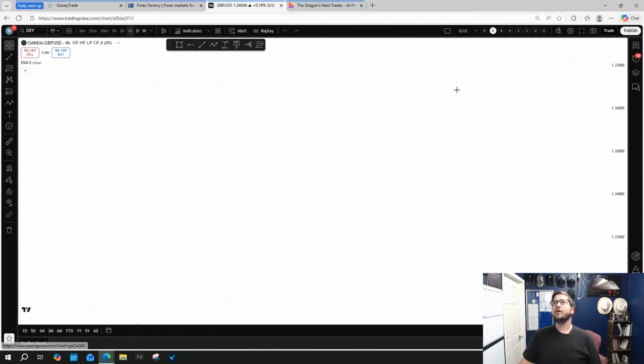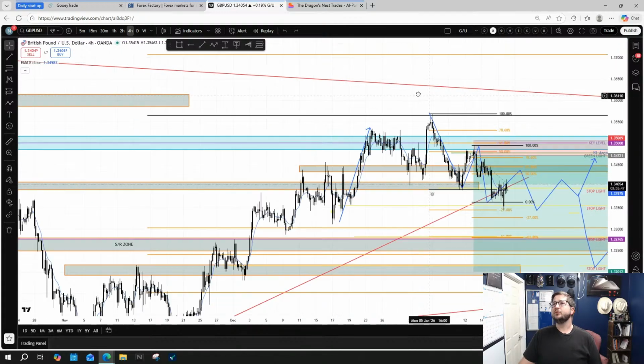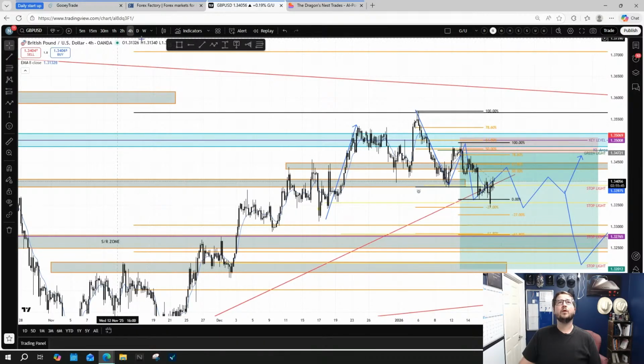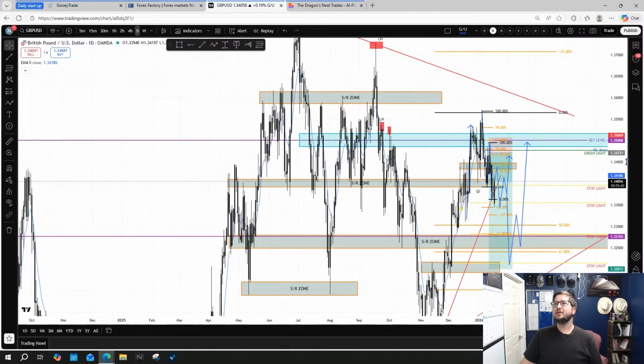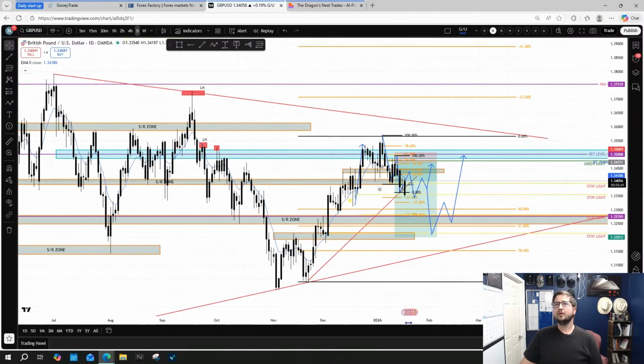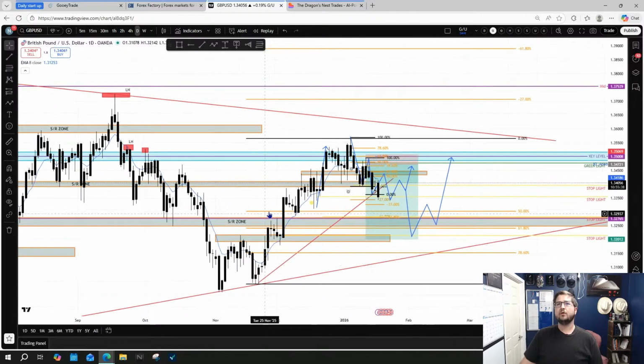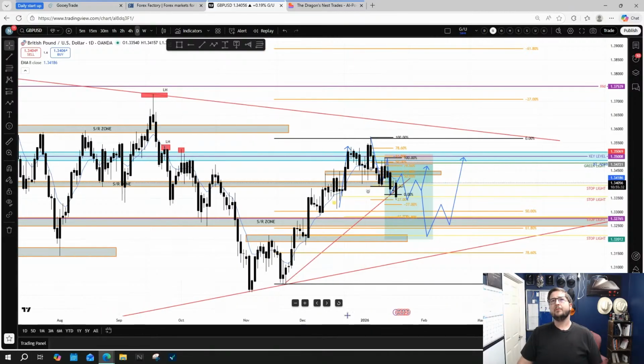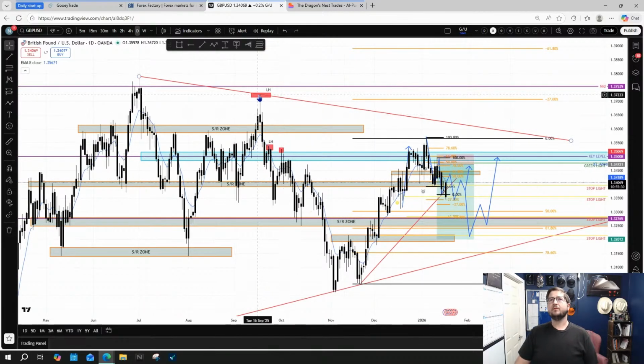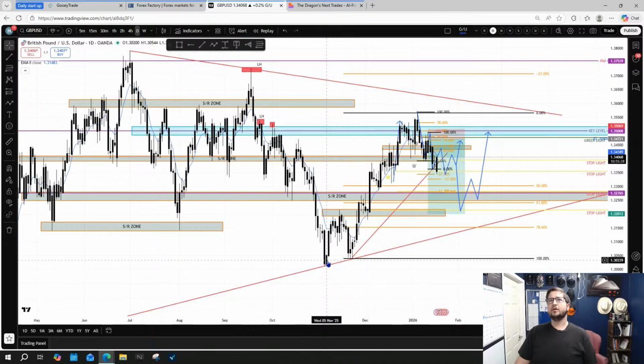And then on GU, we're going to start with the daily. GU off of the daily, we're in this overall uptrend, and we're currently in this pullback area here. But if you looked at the weekly, we have a lower high and a lower low here.